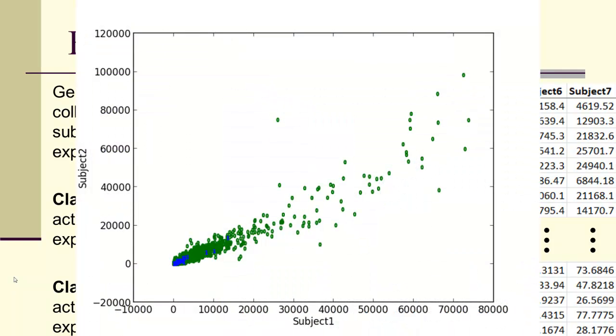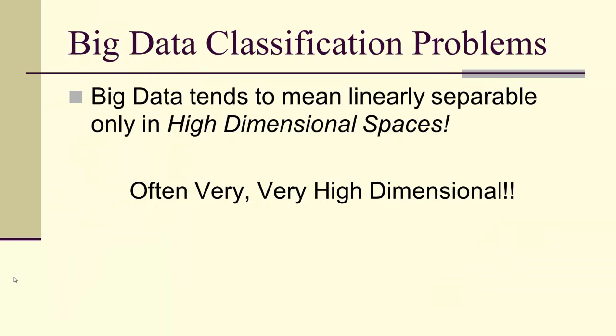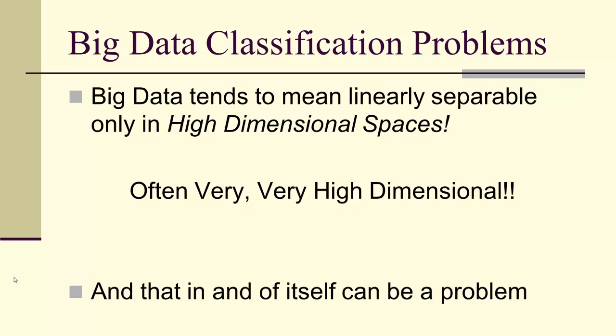It's not linearly separable. What does this say about big data? That it's often only linearly separable in very high-dimensional spaces, and often very, very, very high-dimensional spaces. But that can be a problem itself, in particular overfitting.